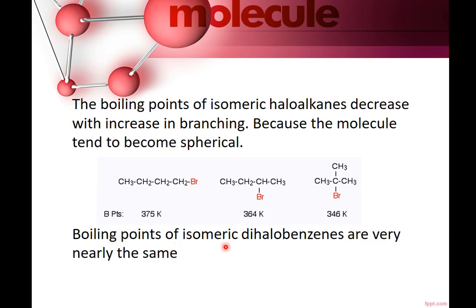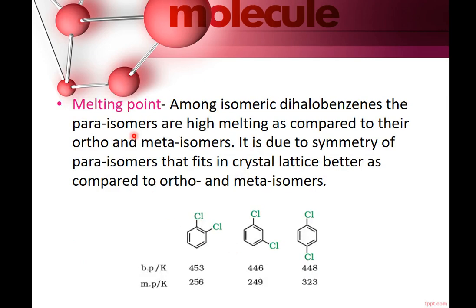Boiling points of isomeric dihalobenzenes are nearly the same. Melting points. Among isomeric dihalobenzenes, you can see here the ortho, meta and para isomers. Among these, the para isomer has the maximum melting point.